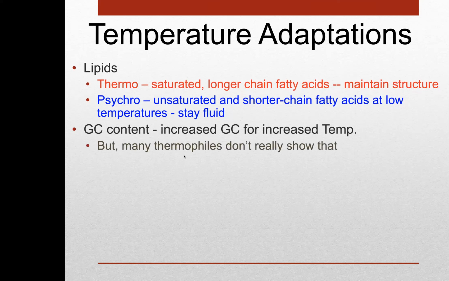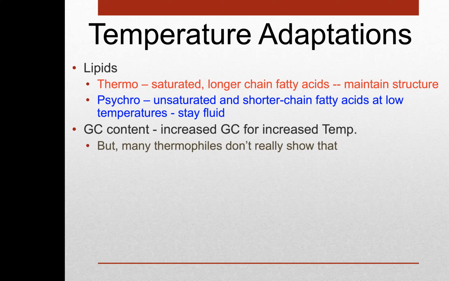But one of the issues is that thermophiles don't all show this, right? So when we talk about GC content, what I mean is if you add up the numbers of A's, C's, G's, and T's, the higher the numbers of G's and C's versus adenine and thymines would result in a bias. And so that would be over 50% G's and C's.